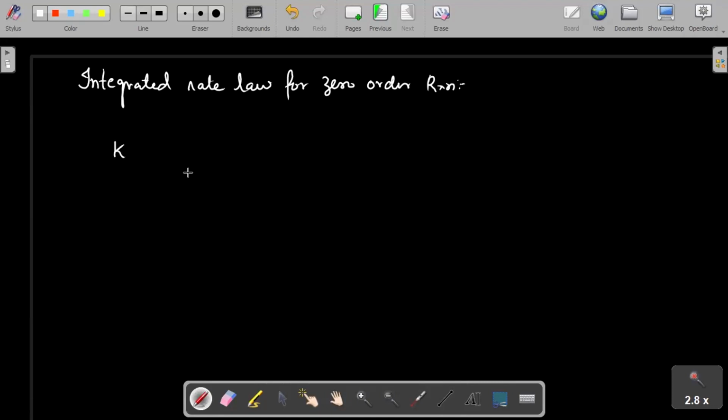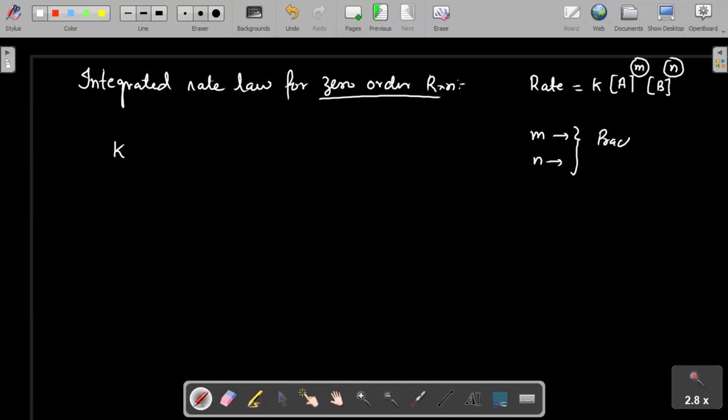When we have rate is equal to K concentration of A raised to some power m into concentration of B raised to some power n, how do we get these values of m and n? These are not theoretical values. These are practical values.